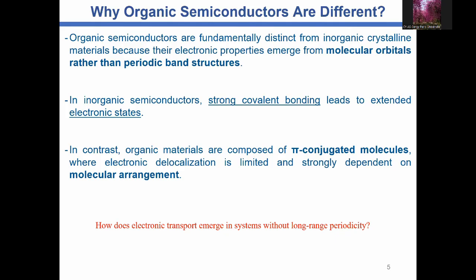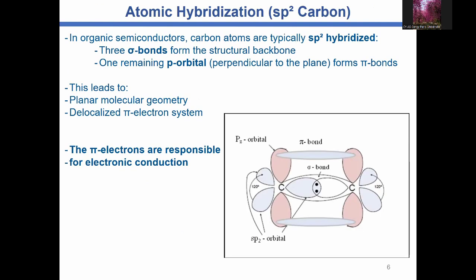So how can we relate this electronic transport in a system that does not have any long-range periodicity? In terms of hybridization, just to remember, I know that you are chemists, so maybe you already saw it, but there are other people that have different backgrounds.